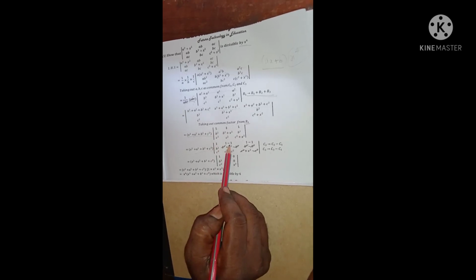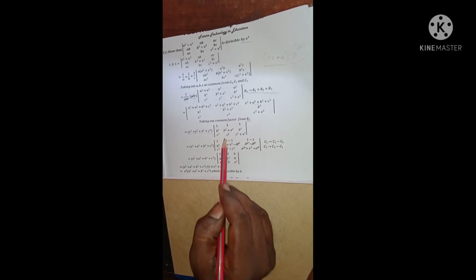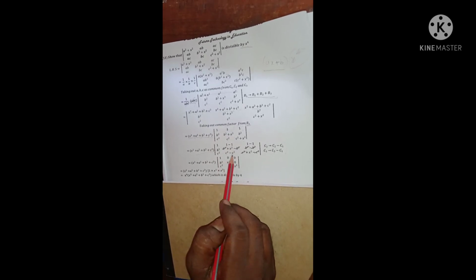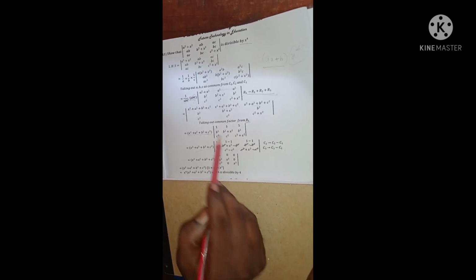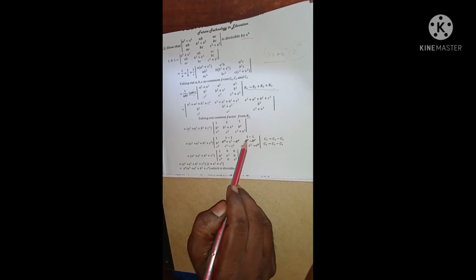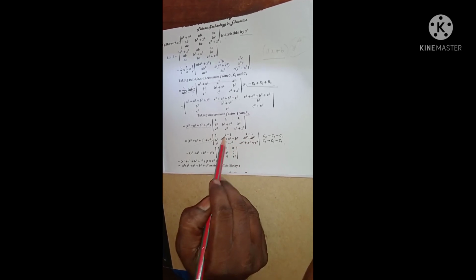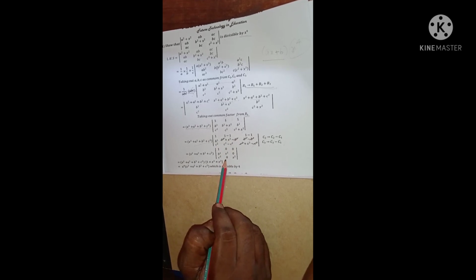Subtracting, B square plus x square minus b square, C square minus c square. Here also B square minus b square, C square plus x square minus c square. C square cancels, b square cancels, and C square minus c square is 0.